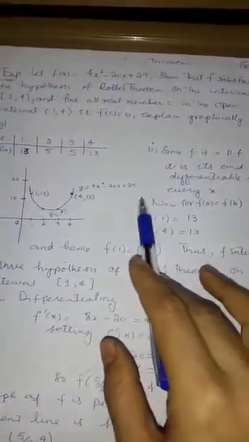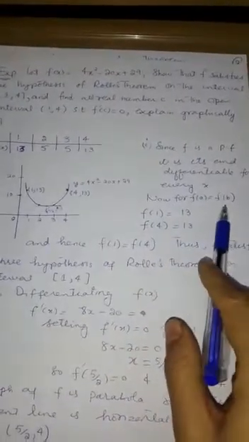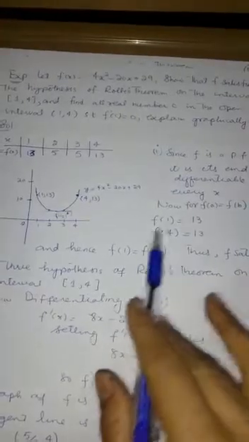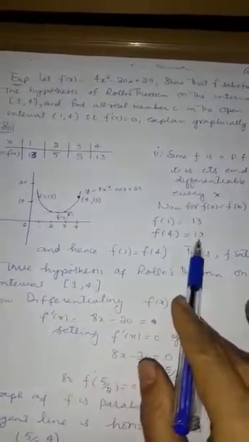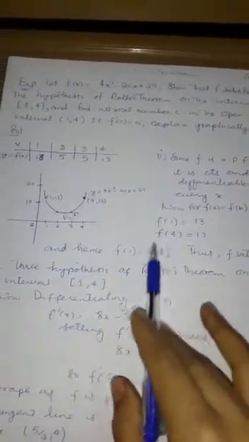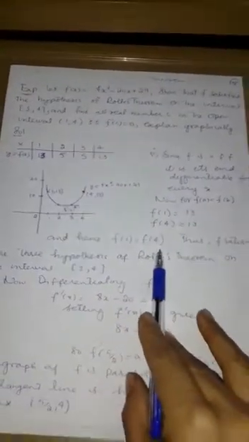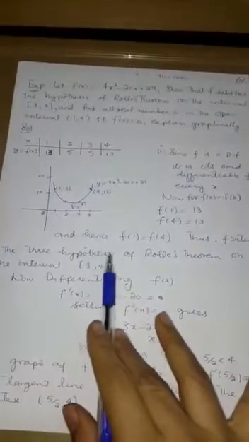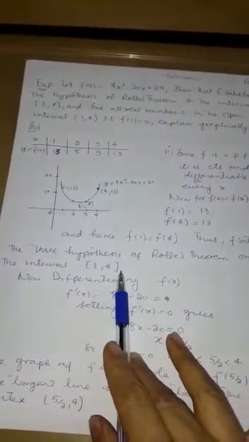Now for the third condition, f of a equals f of b: here f of 1 is 13 and f of 4 is 13. So we have the same values at the endpoints of the function. Thus f satisfies the three hypotheses of Rolle's theorem on the interval [1, 4].